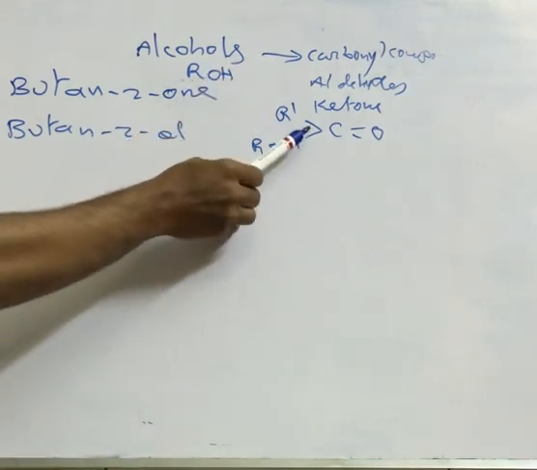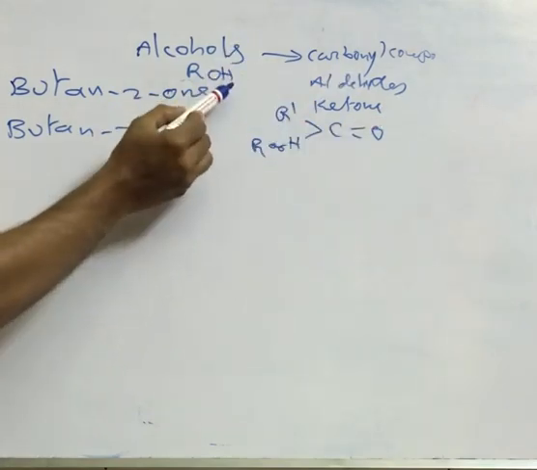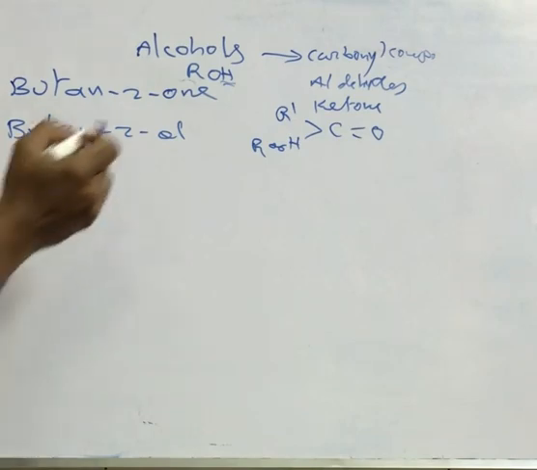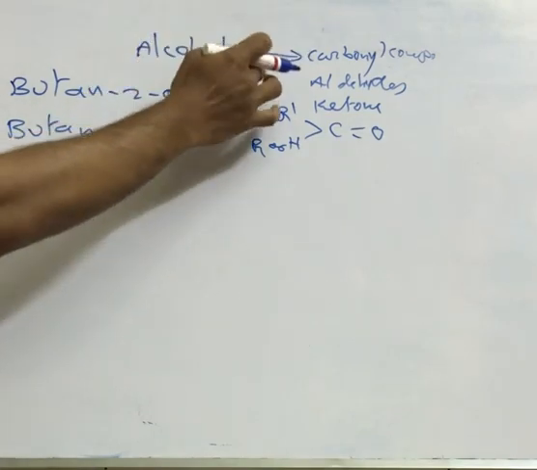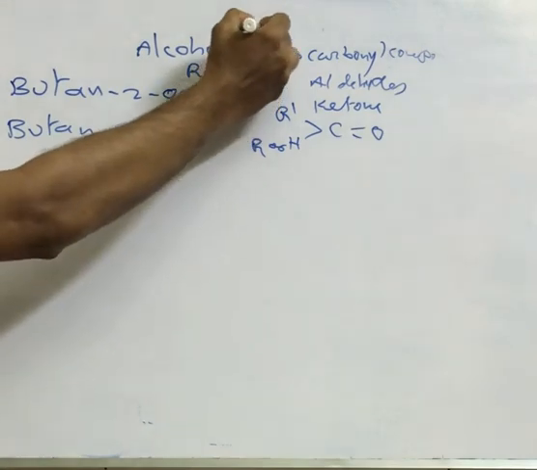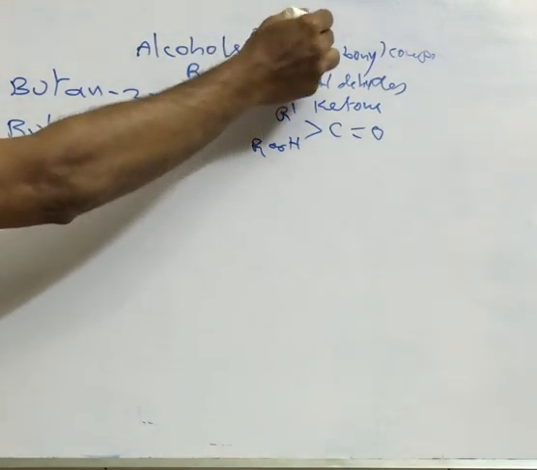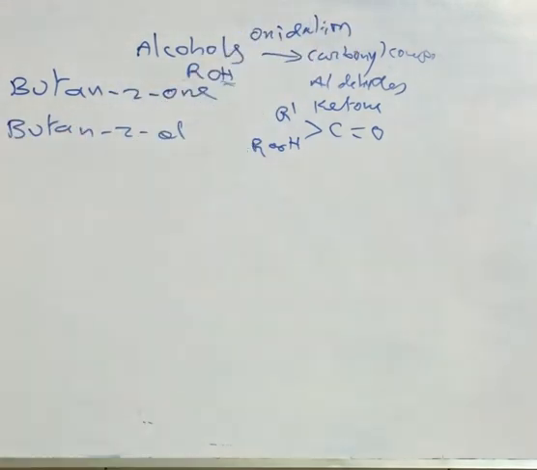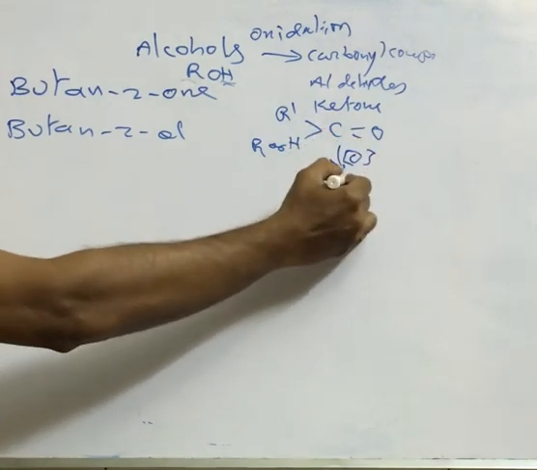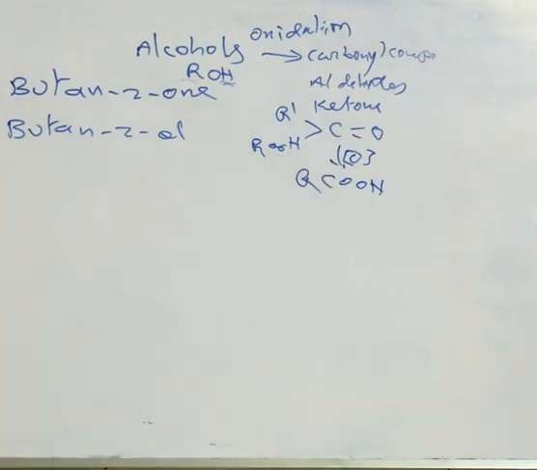So ROH to RCO. What happened here? One hydrogen is less. Removal of hydrogen or addition of oxygen are all called oxidation. So alcohols oxidize to give carbonyl compounds, aldehydes and ketones. They further oxidize to give carboxylic acids.